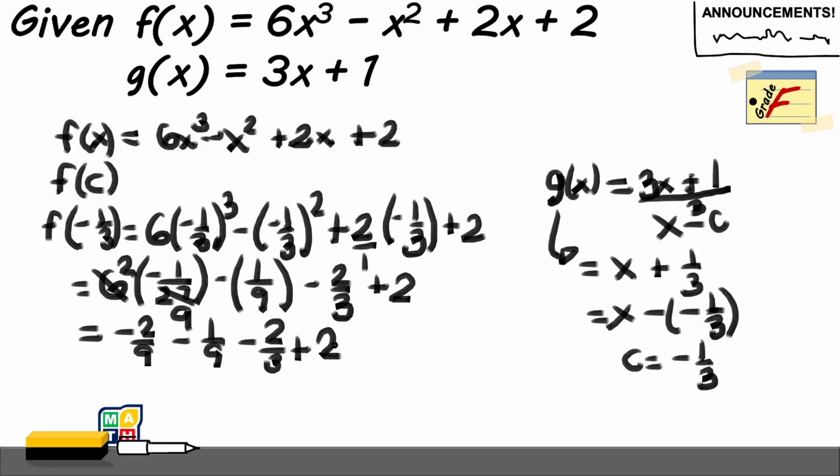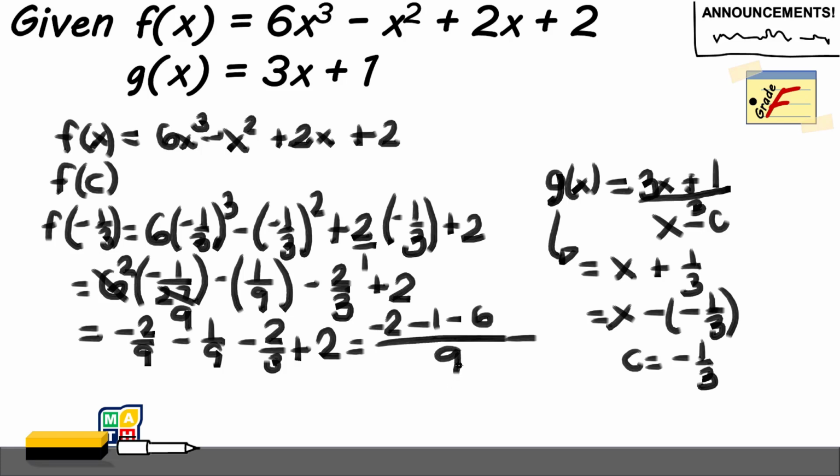Now, we have a set of fractions here, including an integer, but you just need to look for the LCD to combine them into one. Without using any calculators, the LCD is 9. 9 divided by 9 is 1, so we have negative 2 here as still. 9 divided by 9 is still 1, so we have minus 1 here. 9 divided by 3 is 3, times 2, we have 6, so we have here minus 6.